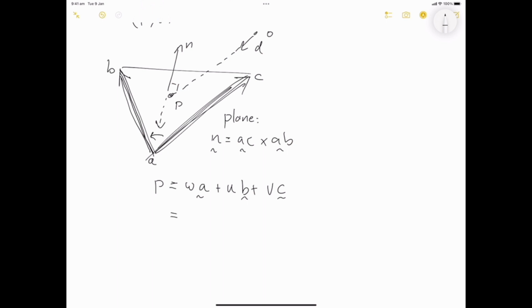Now, because W, U, and V sum to 1, we can rearrange this and reduce the number of variables in the system. So we can swap that out, so we have 1 minus U minus V.